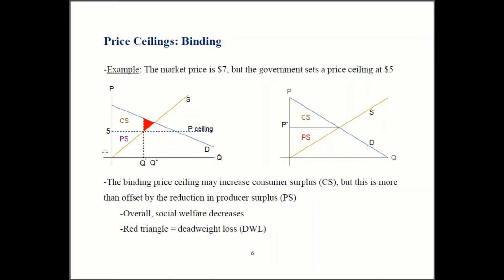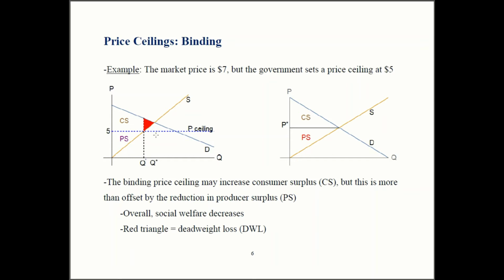The effect on consumer surplus is going to be ambiguous. On one hand, the height is going to increase. Instead of going down to the market price over here, we're now going all the way down to this lower price of 5. Consumers like getting lower prices. On the other hand, though, the base has shrunk.